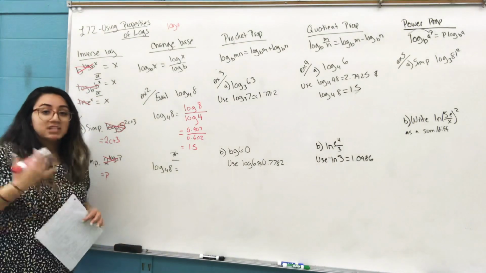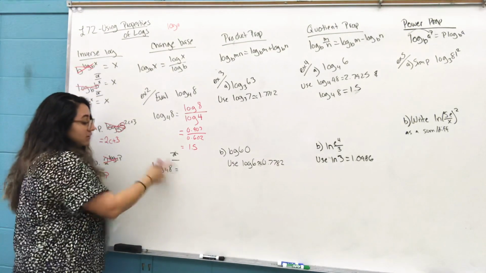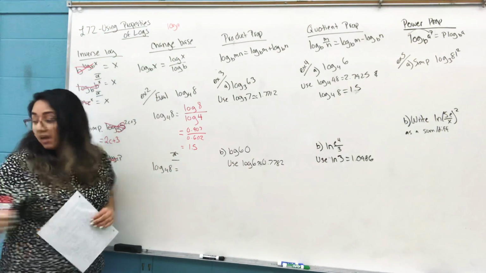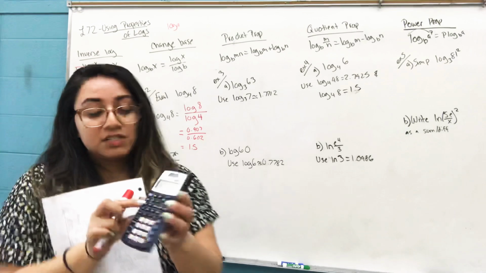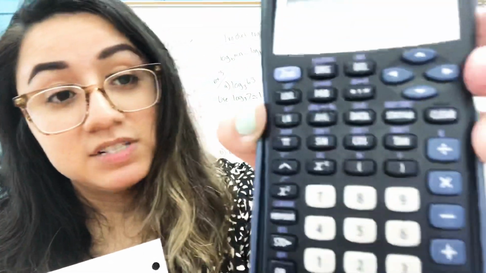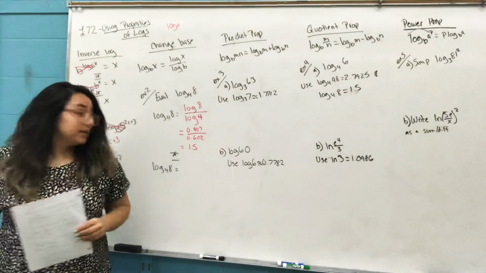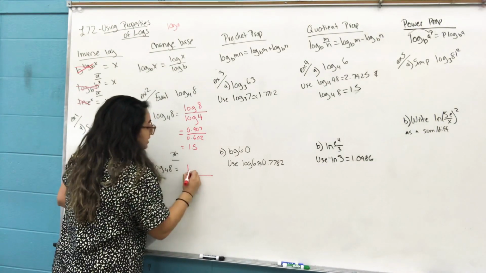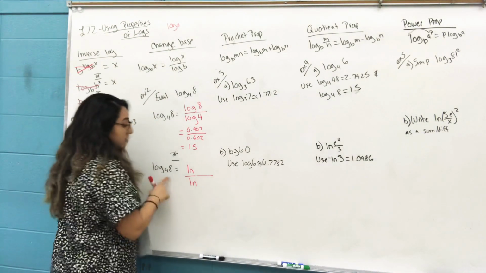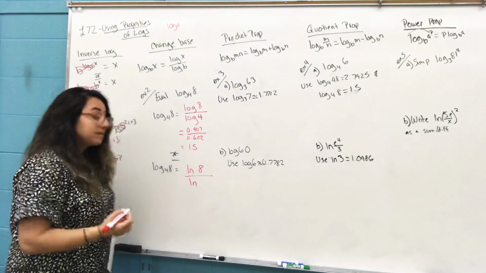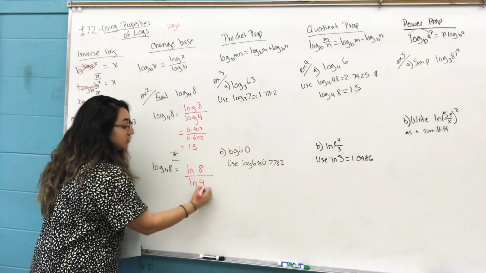Another way, and this is what we do a lot in pre-calculus, so we have log base 4 of 8, same one, but we can do it in terms of natural log. The natural log is the ln button there, and that's what you see right there, ln. So same thing, you're dividing. Instead of log, you're just doing natural log. So natural log of your main number, which is 8, divided by natural log of your base, which is 4.